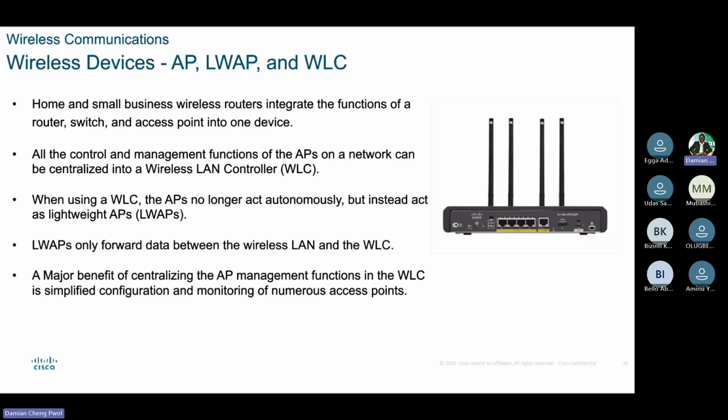So what you need to do is have multiple access points stationed in various locations, so that as one moves from one location to the other, out of the range of the first access point into another one, the person should be able to connect to the same network. But for you to be able to manage this large number of access points scattered all over the campus, you need what we call the wireless LAN controller. It's a controller that allows you to monitor and manage all the various access points within your campus.